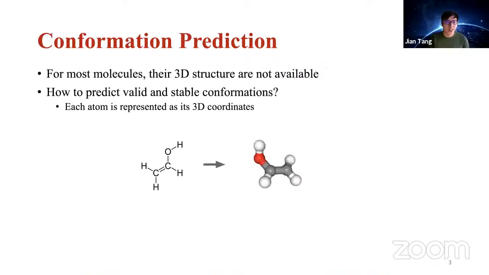However, in practice, for most molecules, the 3D structures are not available. So a very fundamental problem is how we can predict valid and stable conformations. For example, given a molecular graph, can we predict its 3D conformations? This is the fundamental problem we're trying to solve here.